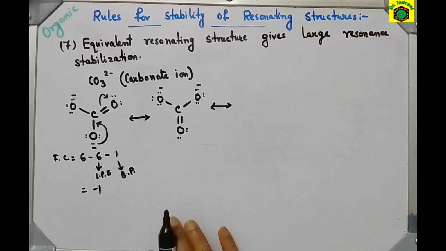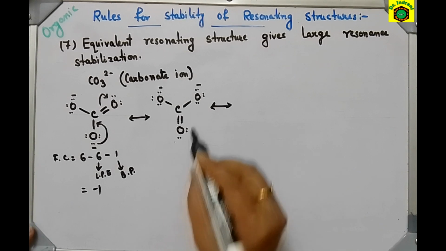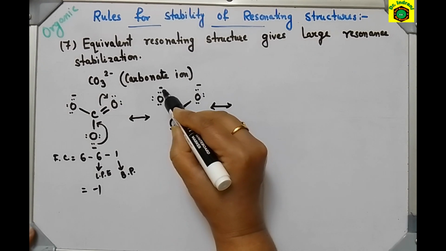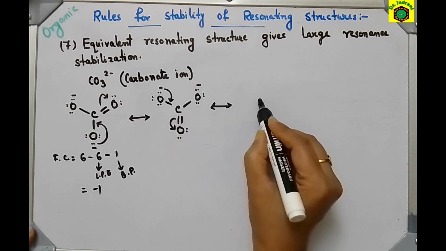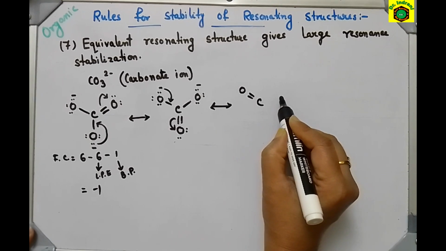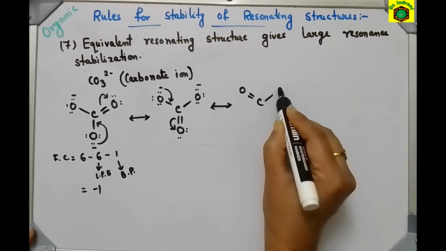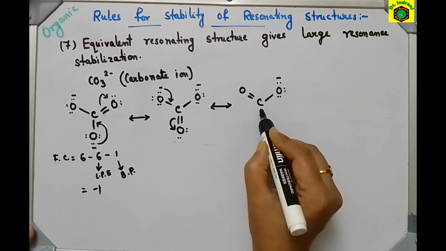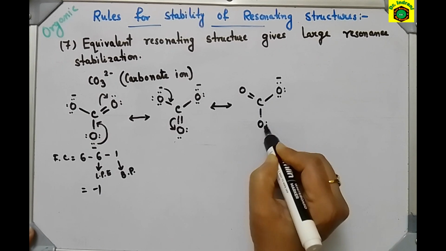Here also we can draw the next resonating structure. We can break this bond and it can come here. So here now carbon oxygen double bond, here this and this.